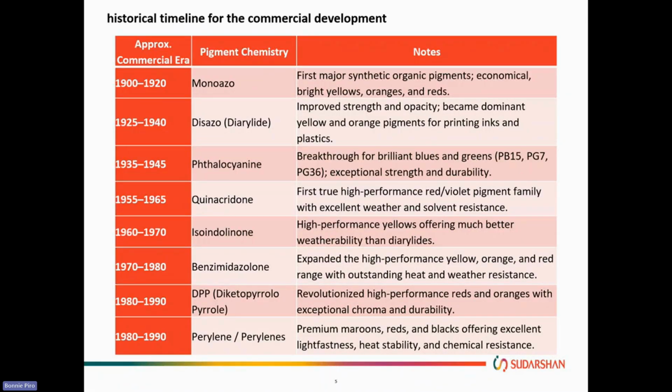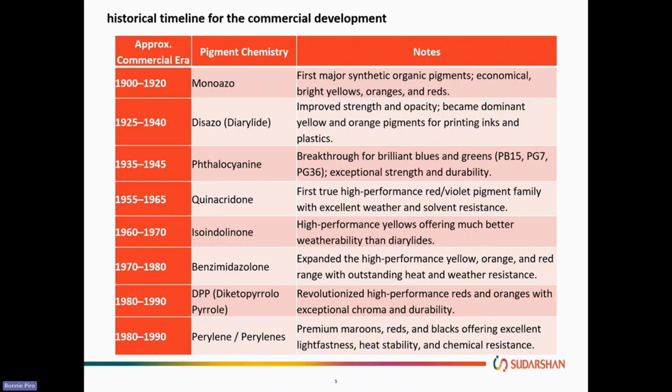Then the benzimidazolones came along, and they were brought online to be still high performance, but to take that monoazo, that azo chemistry, to the next level, to get the coloristics and some of the value from the azo chemistries, but with the high performance properties, thus the birth of the benzimidazolone type chemistries.